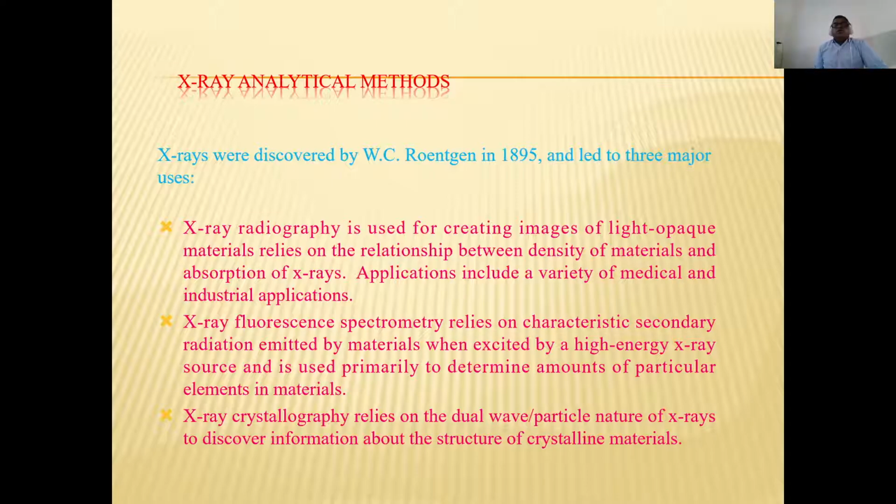Applications include a variety of medicinal and industrial applications. Second, X-ray fluorescence spectroscopy relies on the characteristic secondary radiation emitted by materials when excited by a high energy X-ray source and is used primarily to determine the amount of a particular element in a material.